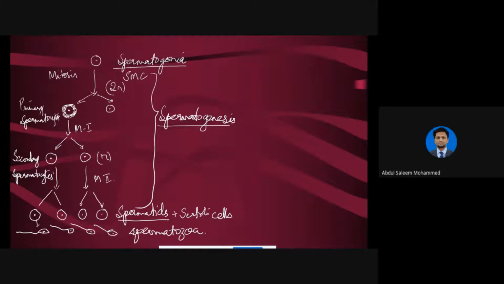So this stage is the spermatozoa, that is sperms. So now the spermatozoa are formed. So from start to end, the process is called spermatogenesis. Transformation of spermatogonia into spermatozoa.